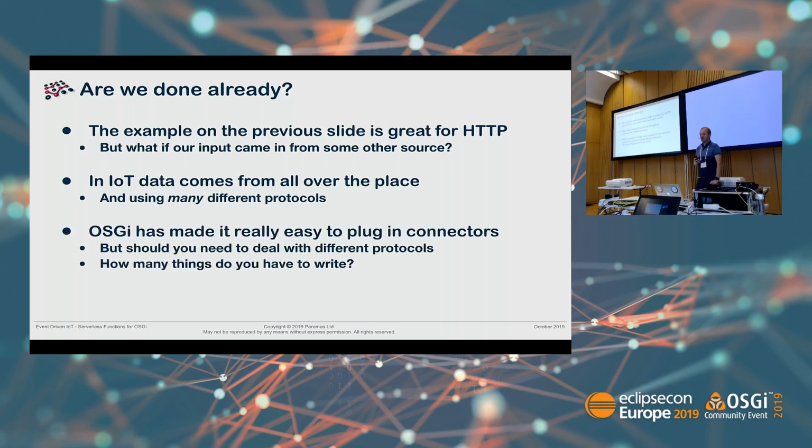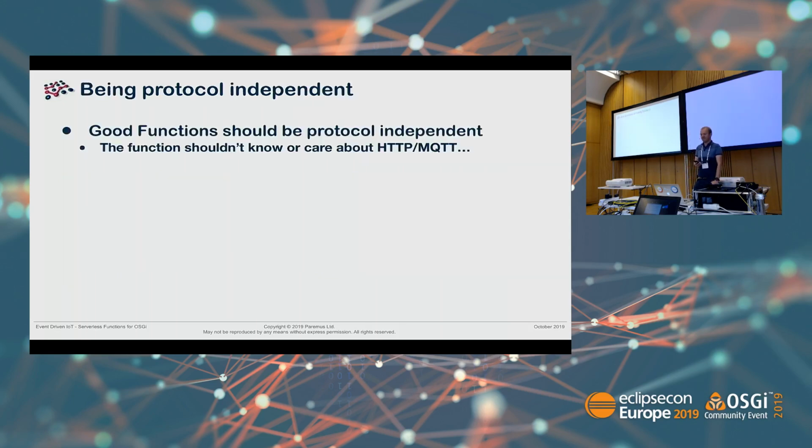So what OSGi does is it makes it really easy to plug in connectors, but we want some kind of generic connector and then a way of writing our function so that we don't have to deal with the specifics of the protocol that's coming in. You shouldn't care in your function about how the data that you're processing got to you.